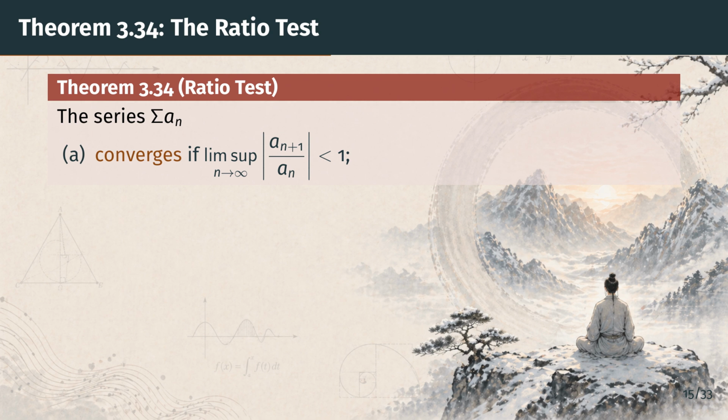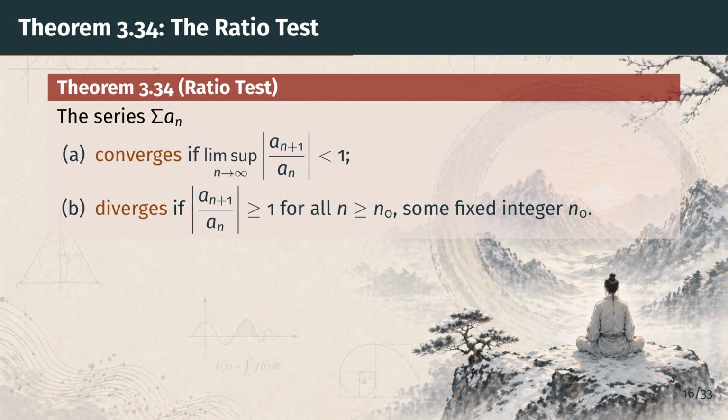Intuitively, if each term is eventually a definite fraction smaller than the one before it, the terms shrink geometrically, just like a geometric series, and so the series converges. Notice we use the upper limit here. The ratios are allowed to dip and rise, as long as they do not creep up to 1 in the long run.